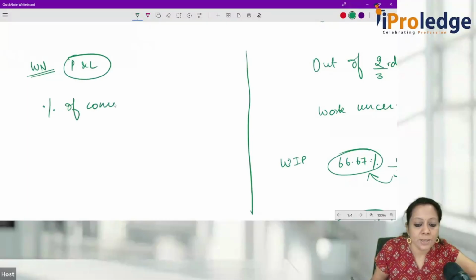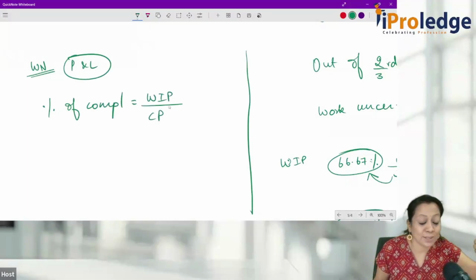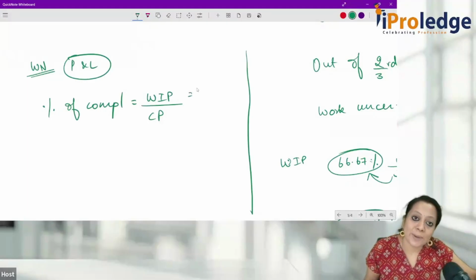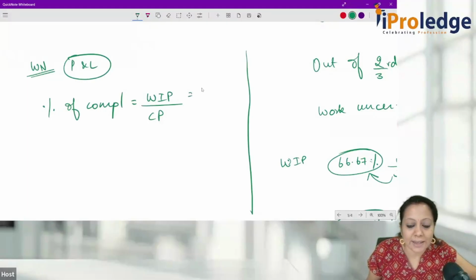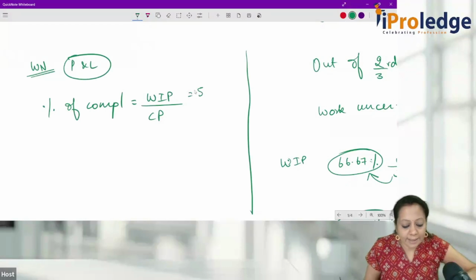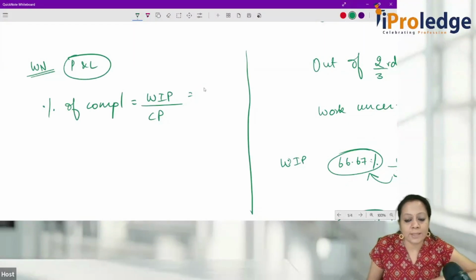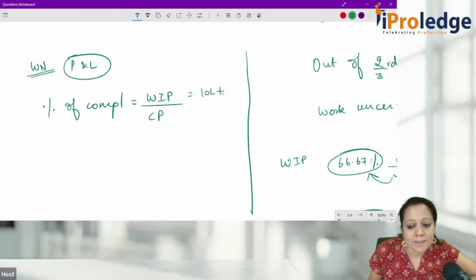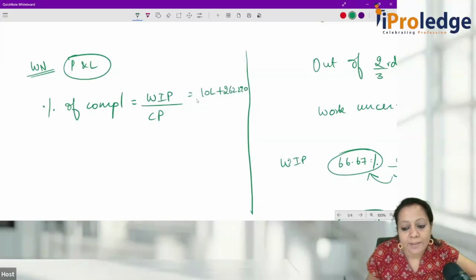Percentage of completion is equal to WIP divided by contract price. WIP means work certified and uncertified I will take. That means work certified was 10 lakhs plus 2 lakh 62,290, divided by contract price 20 lakhs. Am I correct, students?